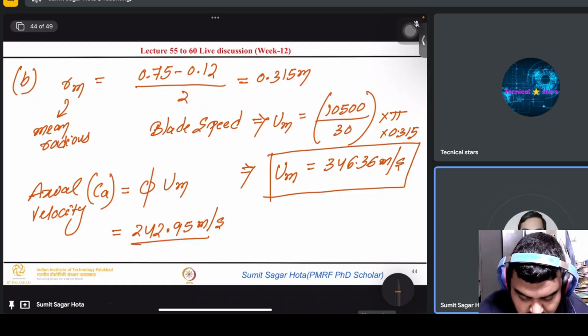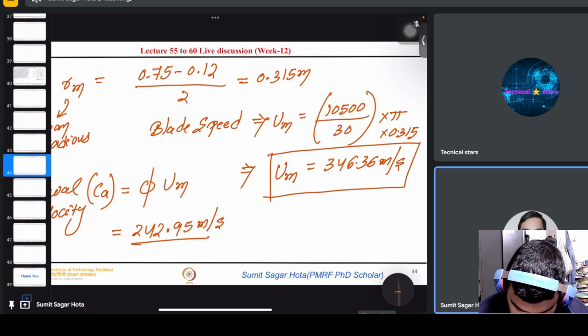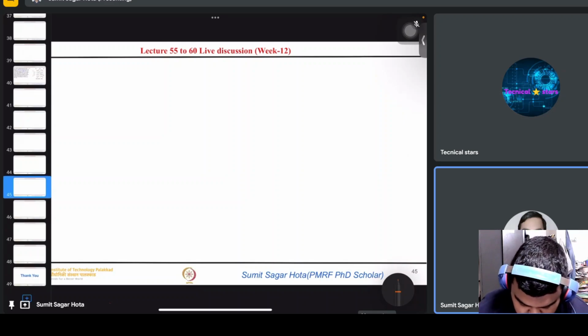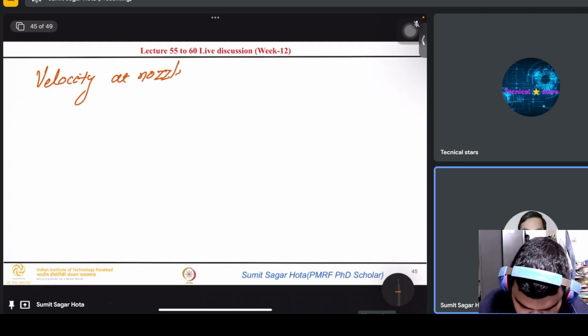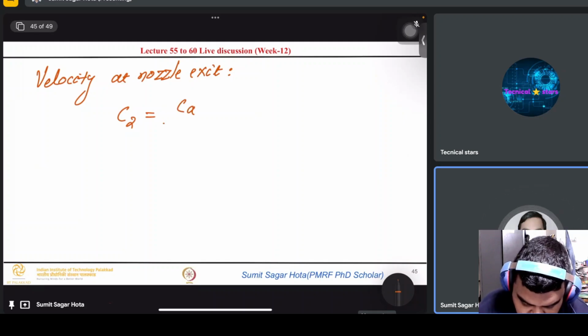We need actually the nozzle exit velocity. C2 equal to CA by cos alpha 2.